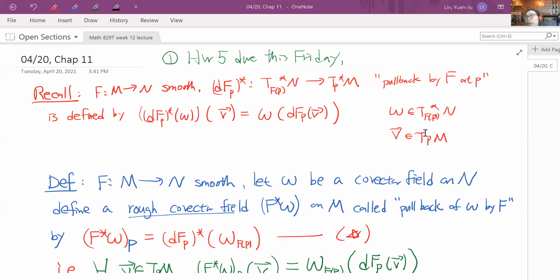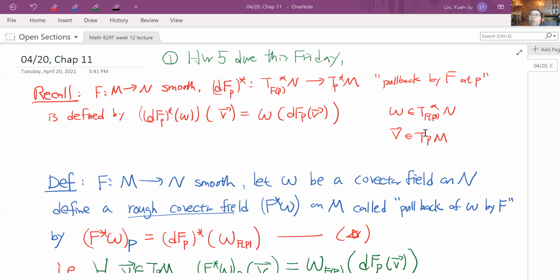And then the next thing we want to do, which is essentially the main reason why we want to define the pullback for the covector field, is to use it to define how to do the line integral on the manifold. Essentially, you can integrate a covector field along a smooth curve on the manifold.